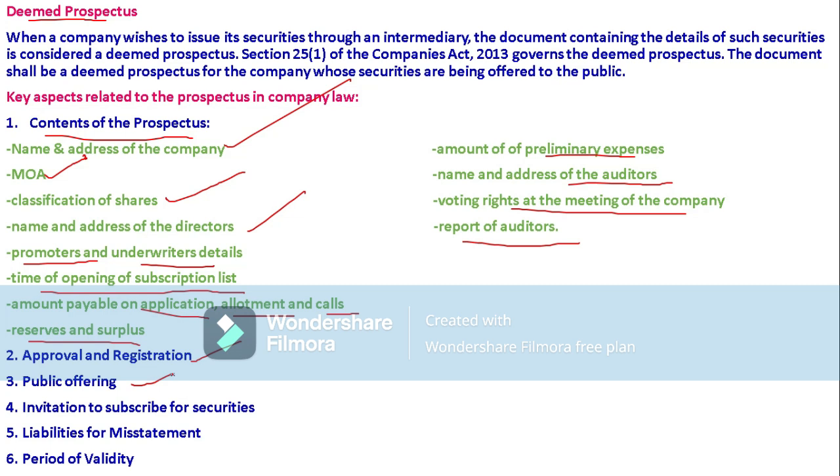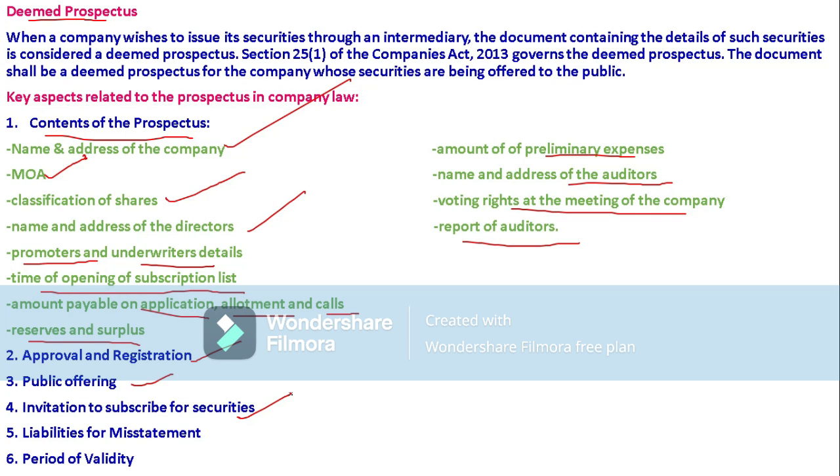Every person has the right to purchase whenever there is a public offering, through a notice, circular or advertisement. So it is considered a prospectus to the public. Therefore, after completion of the public offering, an invitation to subscribe for securities.